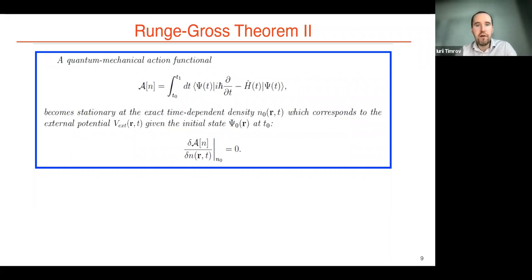So for a quantum mechanical action functional A, defined this way, which is the integral in time from some starting moment t_0 to some time t_1 of the expectation value of the operator i ħ partial derivative over time minus the time-dependent Hamiltonian, on the time-dependent wave function, becomes stationary at the exact time-dependent density n_0(r,t), which corresponds to the external potential V_ext(r,t), given the initial state psi_0 at time t_0. Stationary means that the functional derivative of the action functional with respect to the time-dependent density, evaluated at n_0, equals 0.